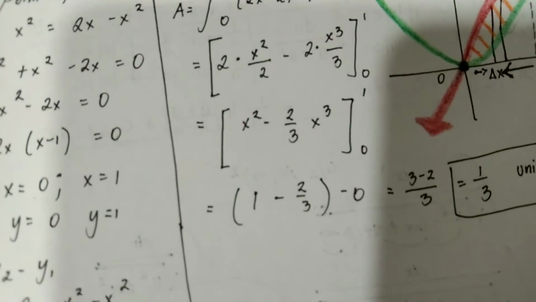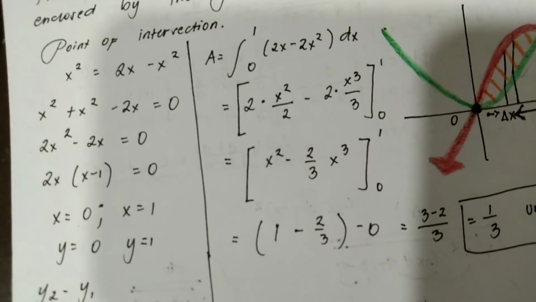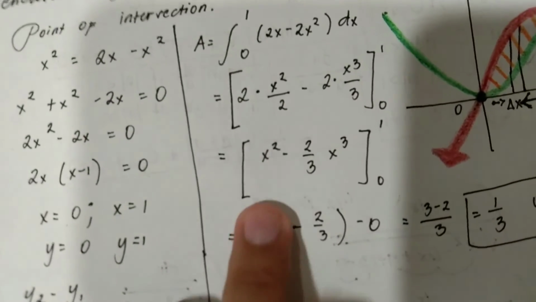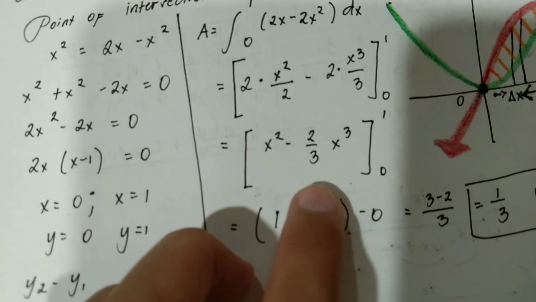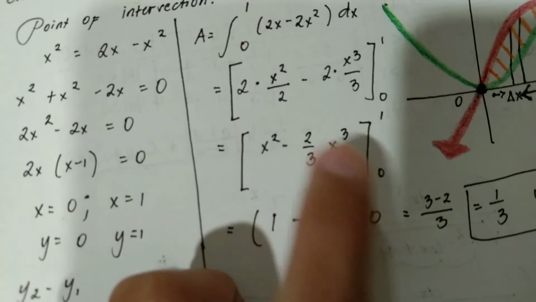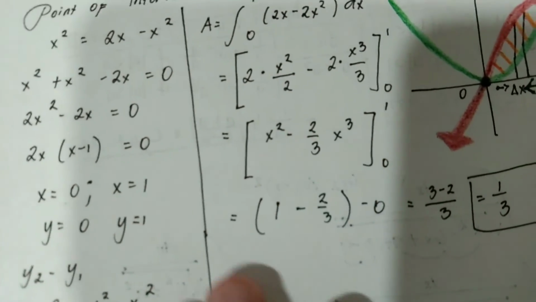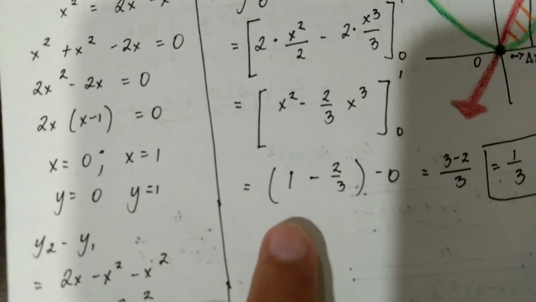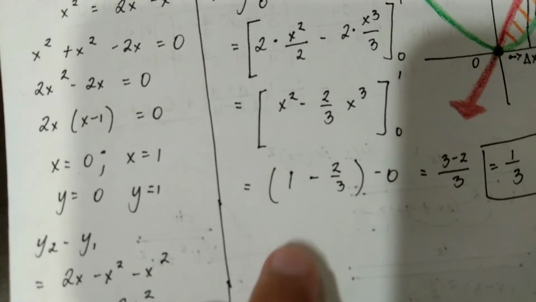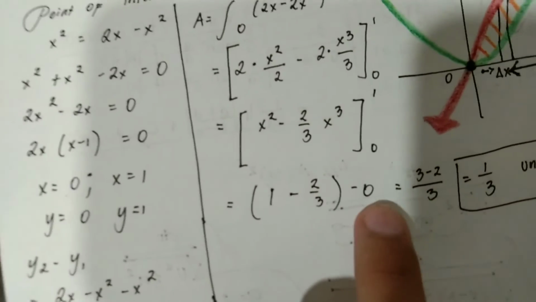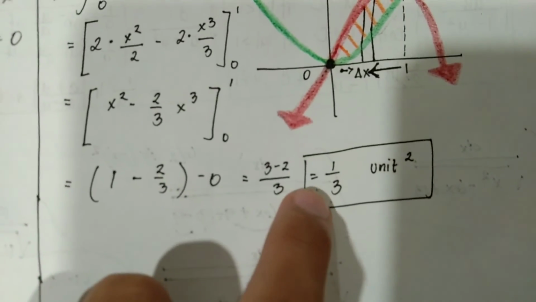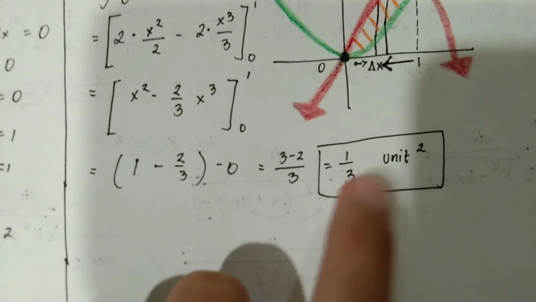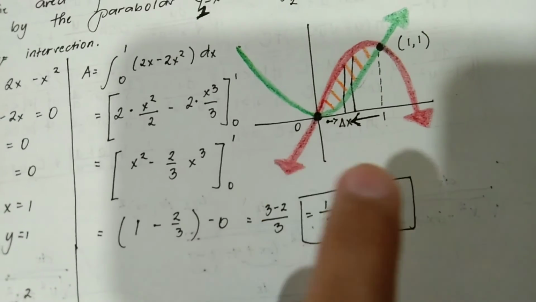That gives you x squared minus 2 over 3 x cubed between 0 and 1. So this is 1 minus 2 over 3 minus 0, equals 3 minus 2 over 3. That will give us 1 over 3 unit squared. So that is the final answer.